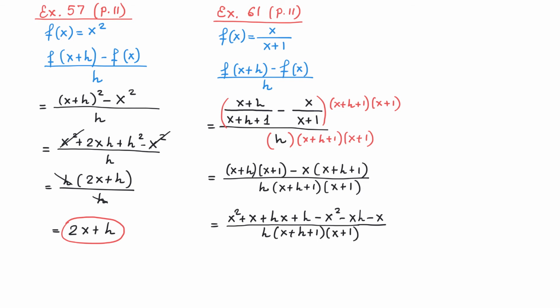Now, in the numerator, a lot of things will cancel. X squared and negative x squared, hx and negative hx, x and negative x. Also, h in the numerator will cancel with h in the denominator, and now the numerator is 1. Then the expression will become 1 over x plus h plus 1 times x plus 1.